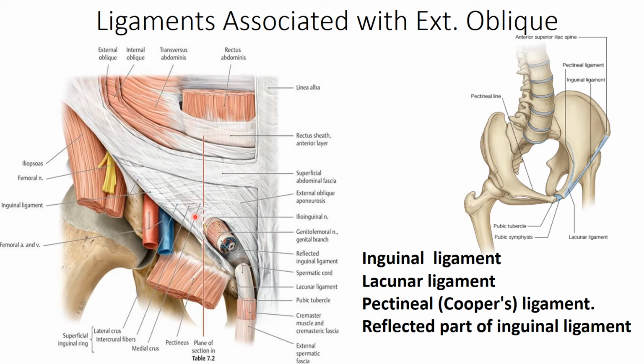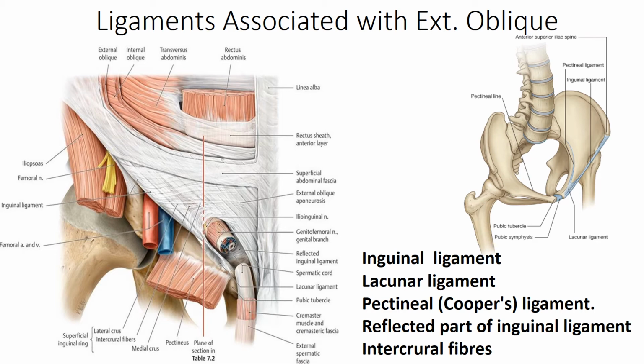Now near the apex of this superficial inguinal ring, we can see there are some fibers running perpendicular to the aponeurotic fibers, and they are running from this lateral crus to the medial crus, closing them towards each other, and these fibers which prevent these crura from separating are known as the intercrural fibers.